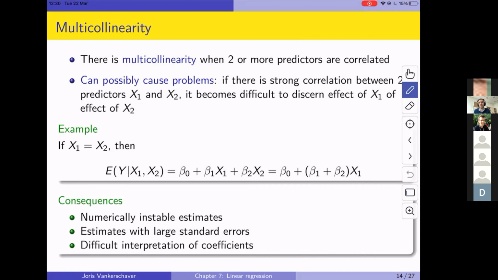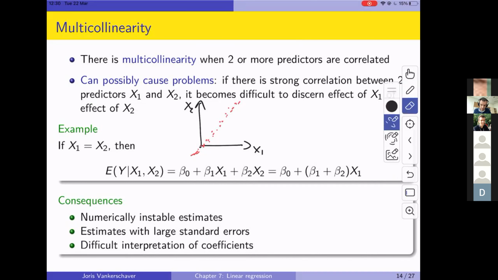You can imagine that, if we have 2 predictors, x1 and x2, and let's say they are very positively correlated together, and we build a multiple linear regression model, it's going to be difficult to discern, if there's an association between y and x1, whether it's really because of x1, or because of x2.